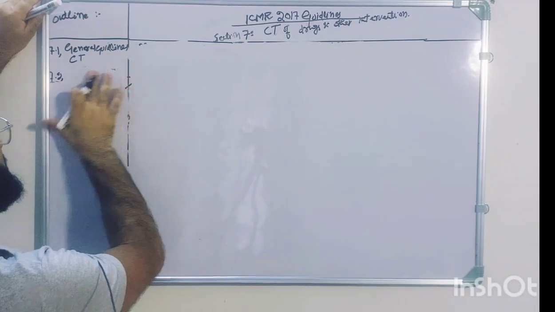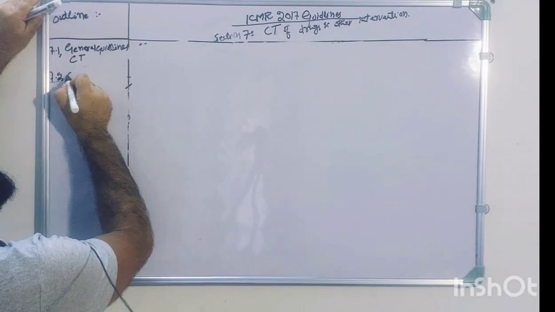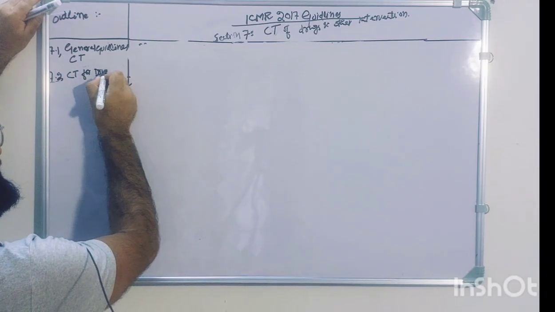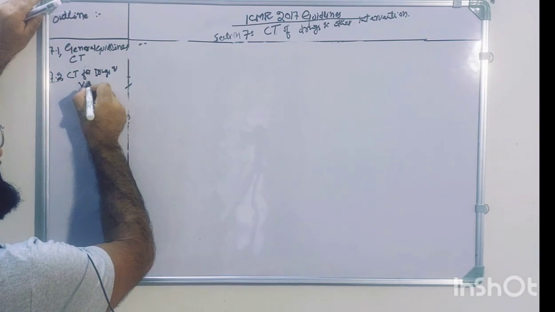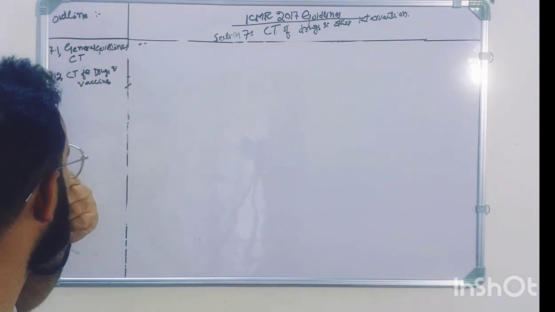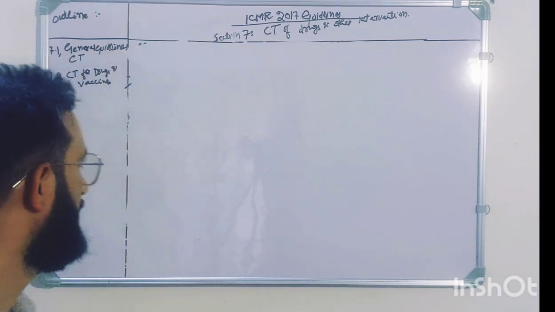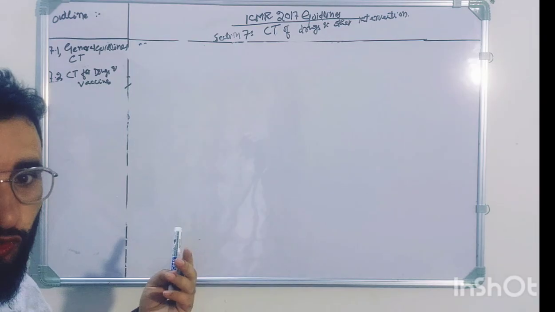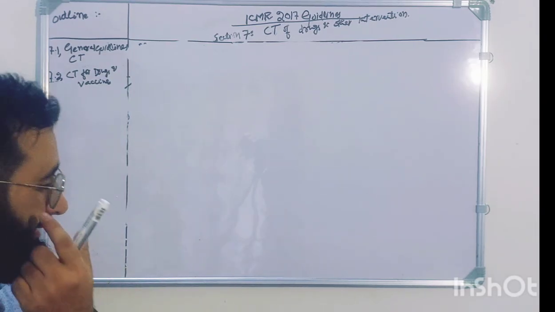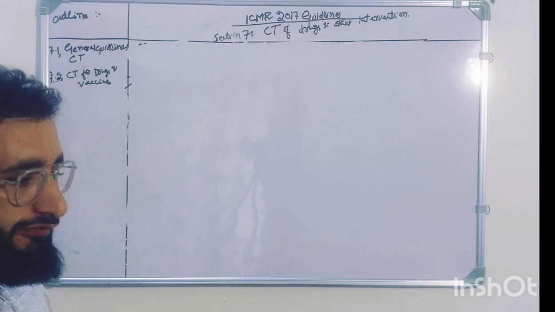The first intervention was clinical trials for drugs and vaccines. Under this topic we learned about the phases of clinical trials, then the ethical considerations for different phases of clinical trials.